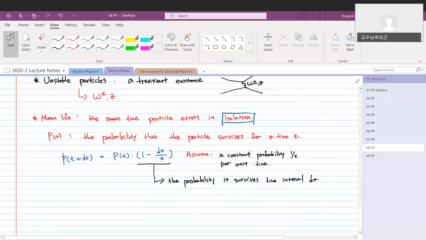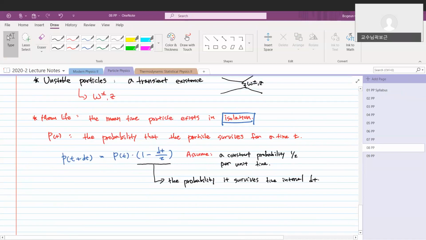So I introduce the function at time t plus dt and its relation to time t. Here t plus dt is the final state and t is the initial state.